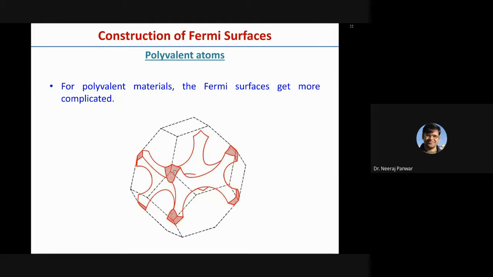So by now we understand that in reality the Fermi surface is not spherical in shape as proposed by Sommerfeld while discussing the quantum free electron theory, but under the influence of a periodic potential, the Fermi surface acquires a complex shape.